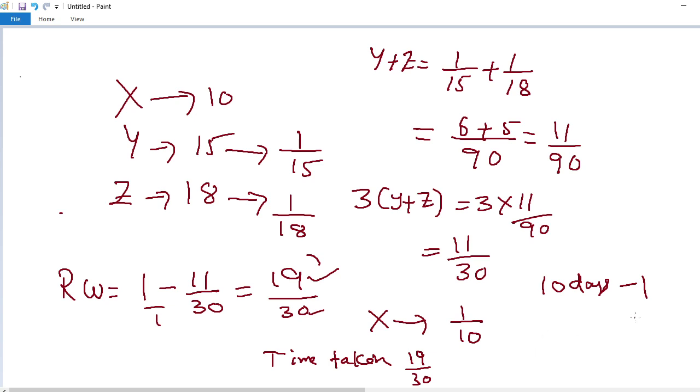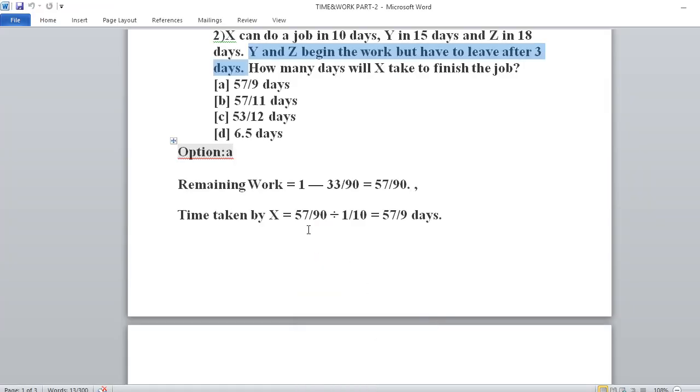How many days will X take to complete the remaining work? Simple multiplication, 19 by 30 into 10. So the answer is 19 by 3 days.